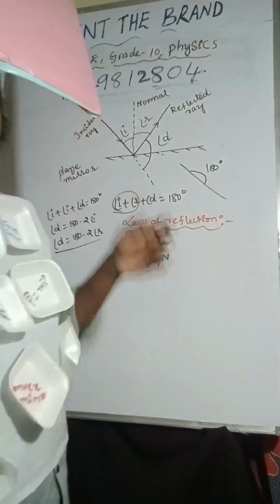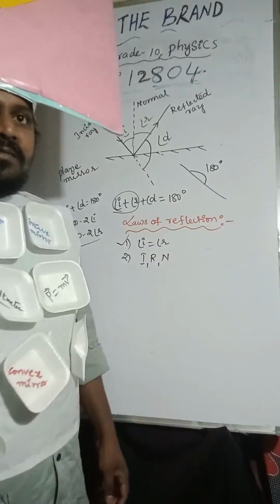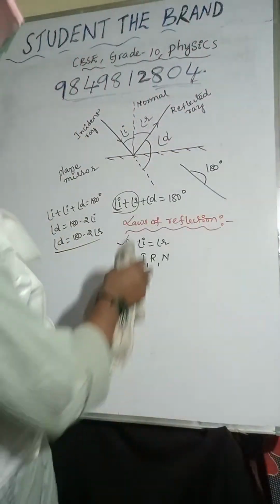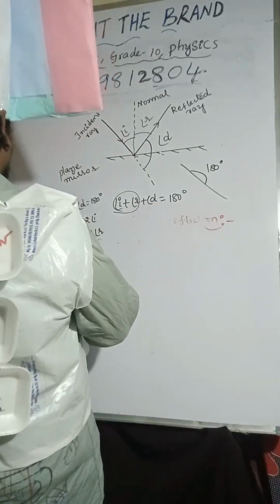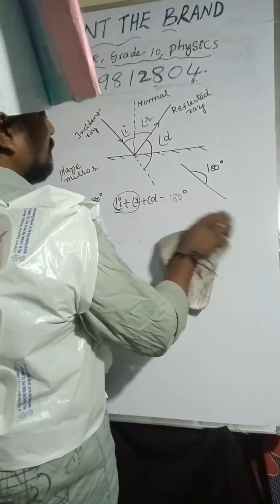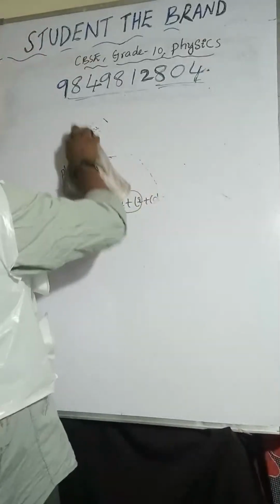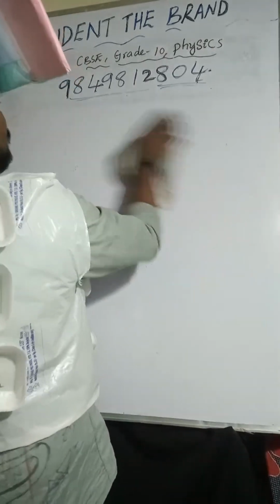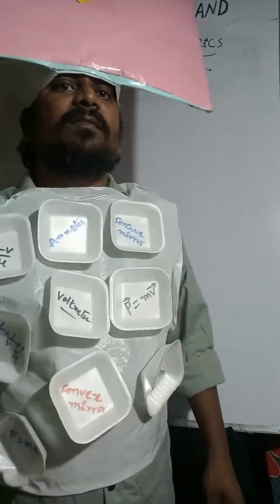So this is about reflection of light. Now we'll discuss regular reflection and irregular reflection.